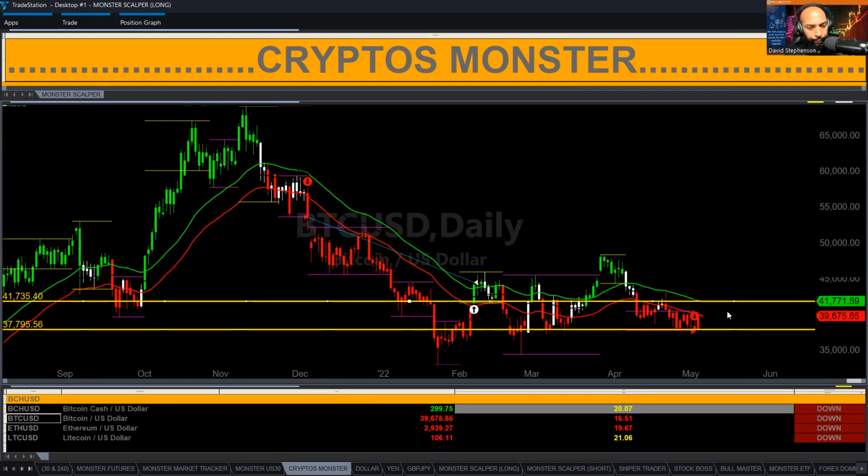If you just have to trade this, you guys are brave. Oh my goodness. If you just have to trade this, understand that you're trading between support here and resistance here. So you're trading between, let's say, 38,000 and 41,000.